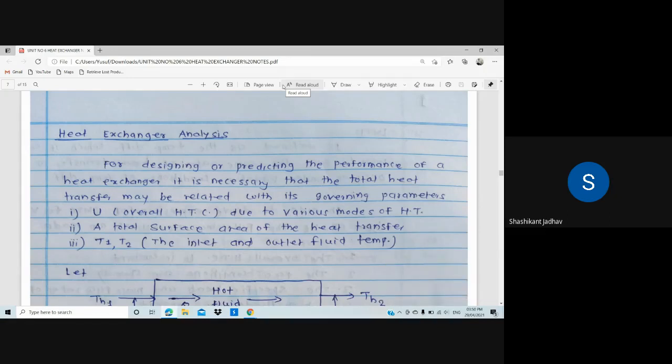Second, write down a total surface area of the heat transfer.